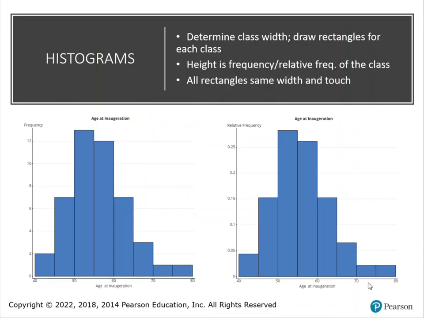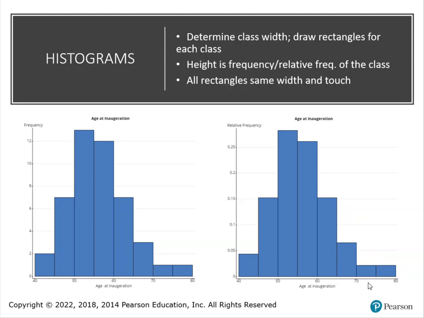So to just summarize that graphical display idea for quantitative variables, this is our first graph that we can create using quantitative data. Histograms are going to be determined and characterized by having a class or a grouping of numbers where we can determine how wide we want to group those values, how wide that class width is going to be.